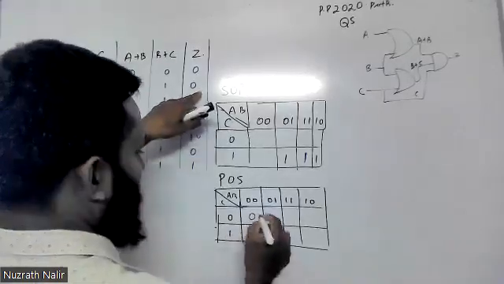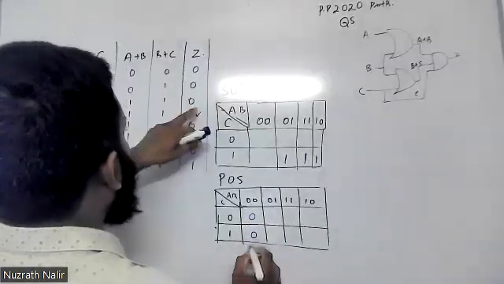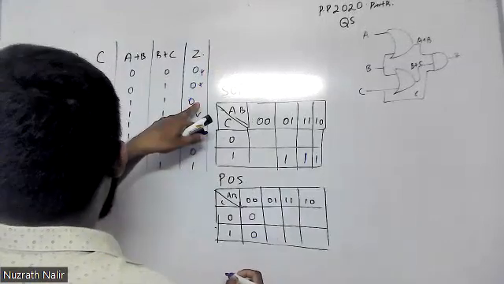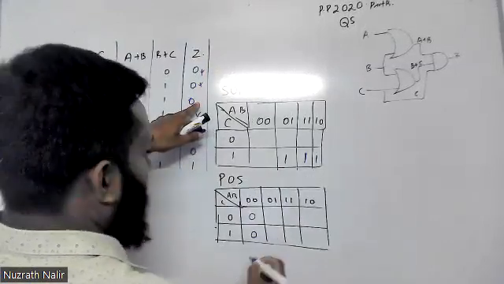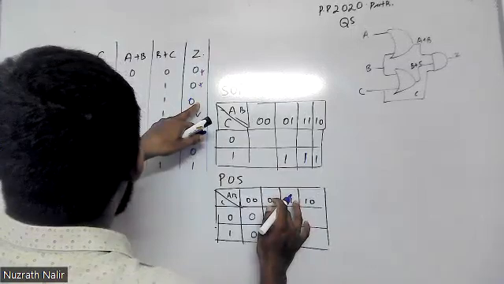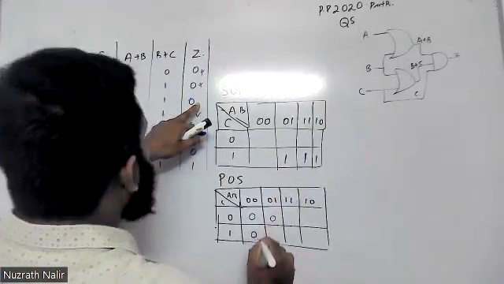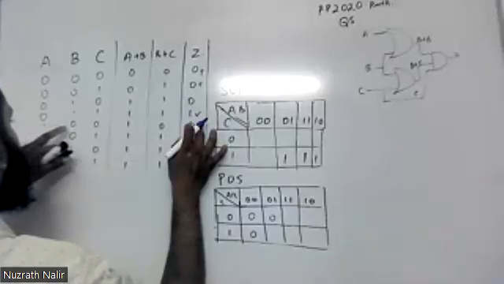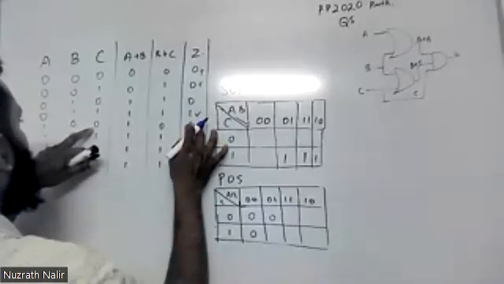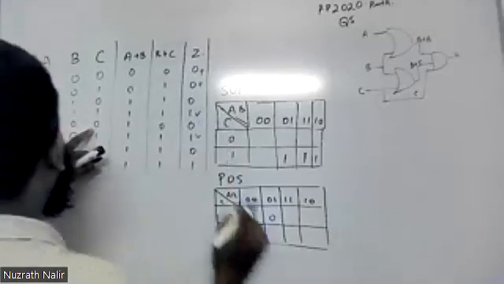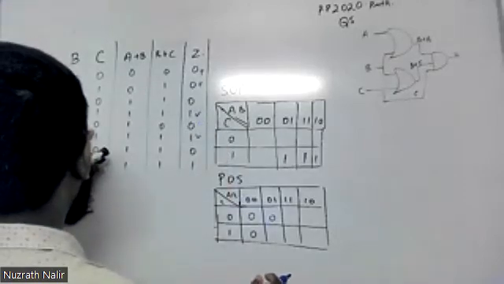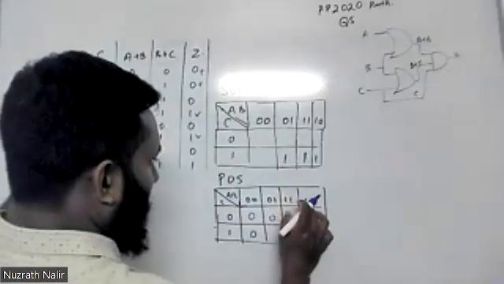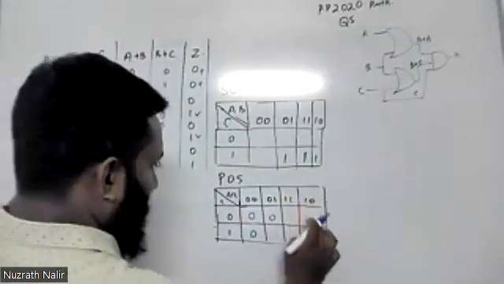And the second one is A, B 0 and 1 is 0. I'll just use this symbol. And 0, 1, 0: A is 0, B is 1, C is 0. A is 1, B is 0, C is 0.